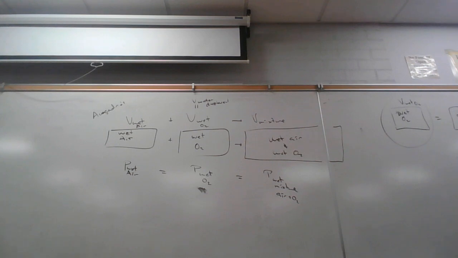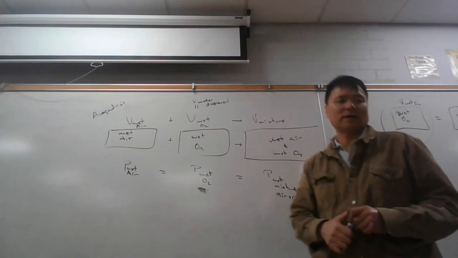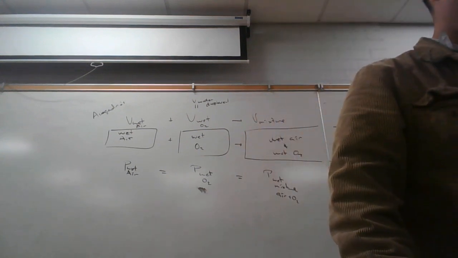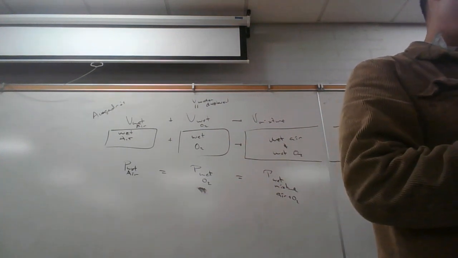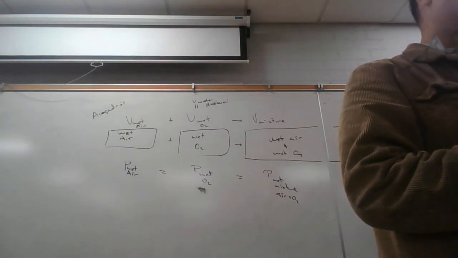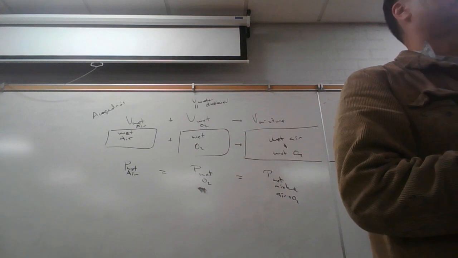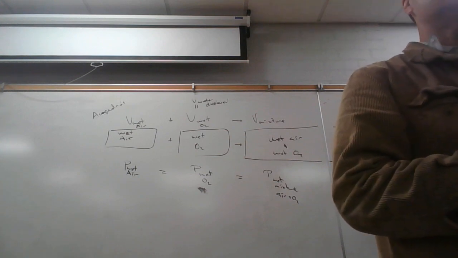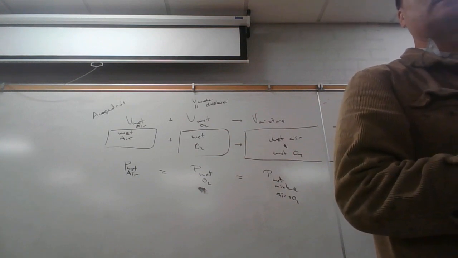What we're going to do is make this extensive property into an intensive property. As an example here, the humidity today is 32% relative humidity. Is that intensive or extensive? 32%.